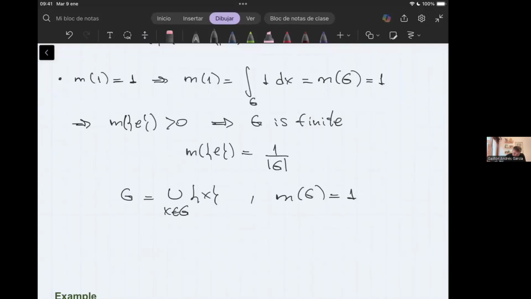This is a disjoint union, so you have a sum, and if it's infinite you can use that the measure of the union has to be the sum of the measures of the points. So it forces the group to be finite, and if they all have the same measure, then you know that they have to be this measure. Yes, of course. Okay, all right.